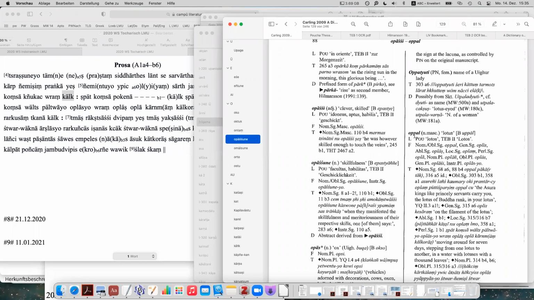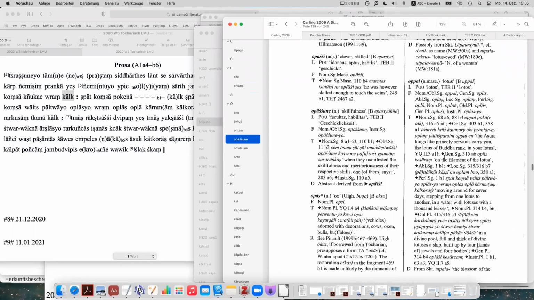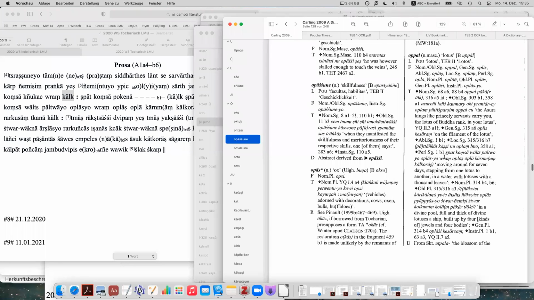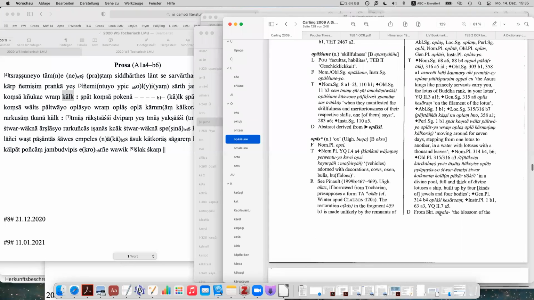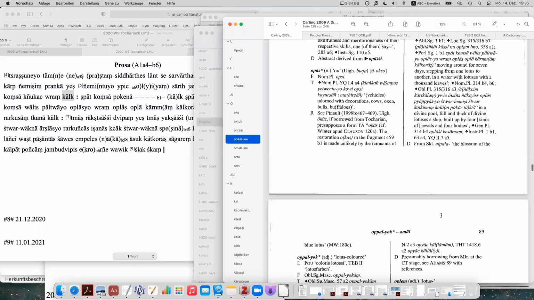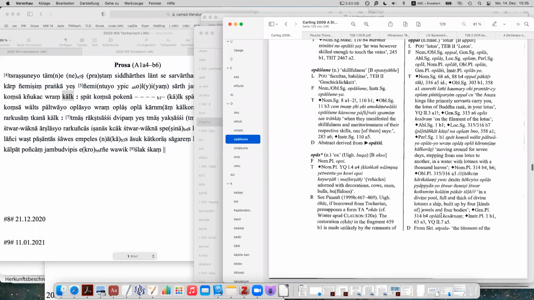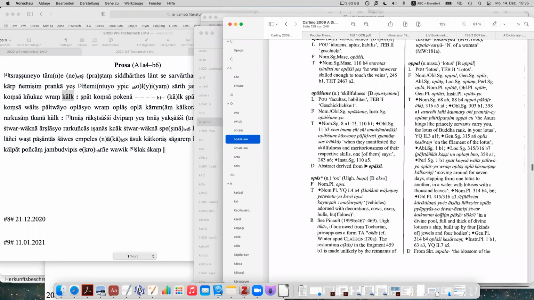But sometimes it is geminated because it is actually a loanword from Sanskrit or from a Middle Indic form. The Sanskrit word is actually utpara, but I think the Pali word should be called upara.